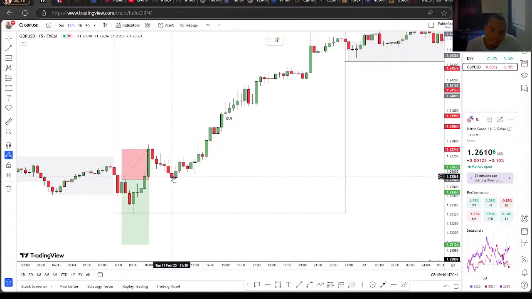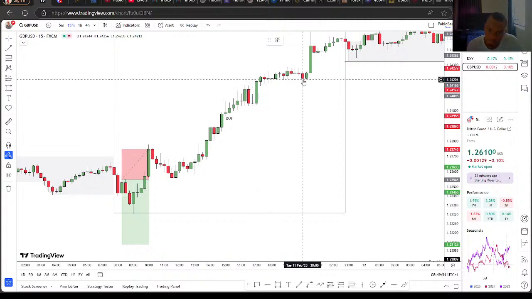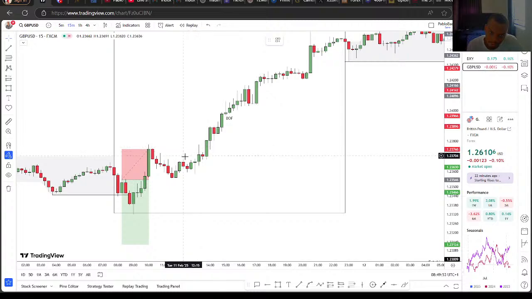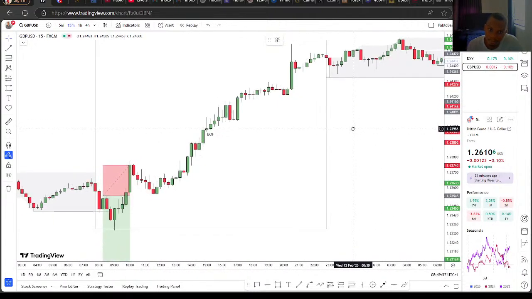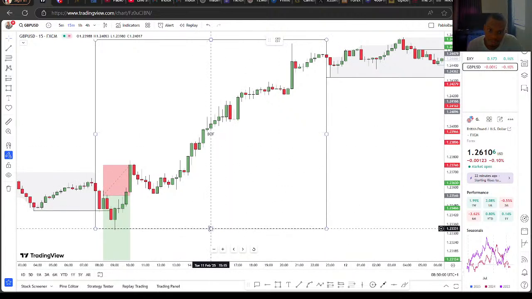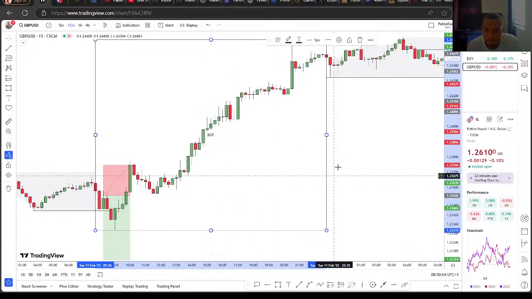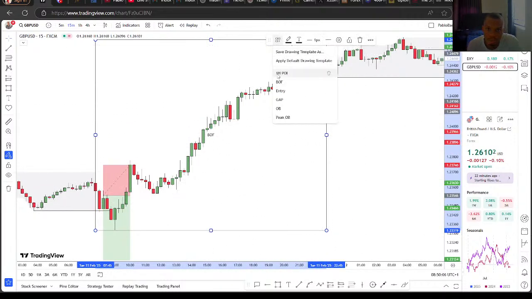So I say buy, break the structure, come back 50%. I would have taken long, but okay, I didn't take long. Then this one I would have taken long here with this pullback, taking long here with this pullback. So many opportunities for longs. This is when I started observing that even if price doesn't give an entry in London, it will give in New York. So this is the second mess up.